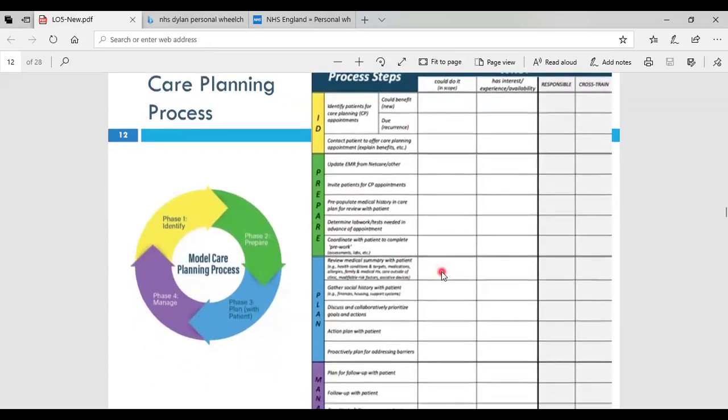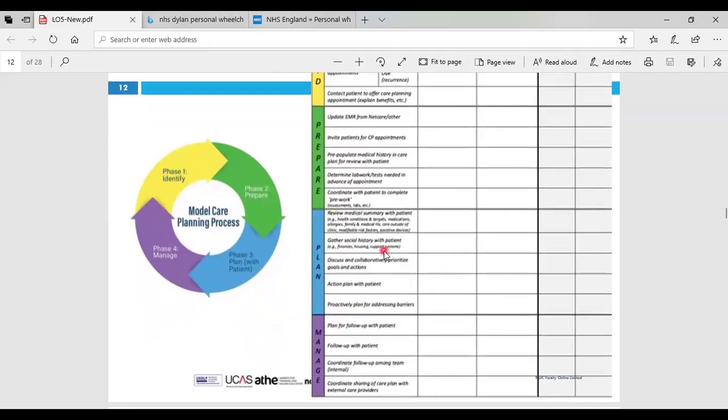And then you're writing who's responsible also for it. Then you're planning, reviewing medical summaries, gathering social history. So this is all together with the patient. You're discussing and collaborating, prioritizing goals and actions. Your action plan will start with the patient. You're proactively planning for addressing barriers that could be there.